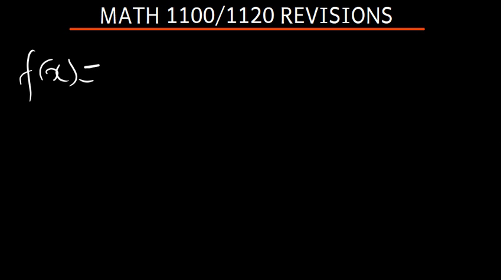It was negative the square root of 2 minus x. Here they can ask you to find the domain and range as well. Now let me tell you, they can ask from the 1100 and 1120 both. Okay. Yes.